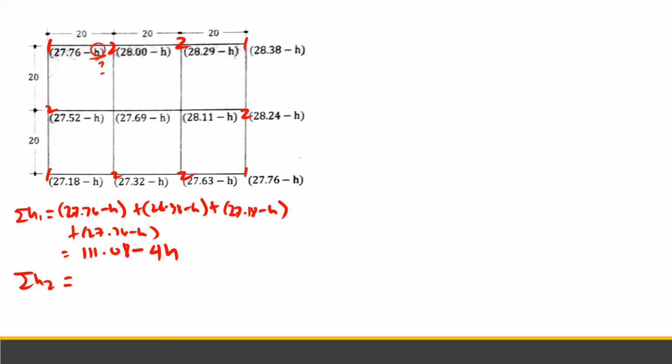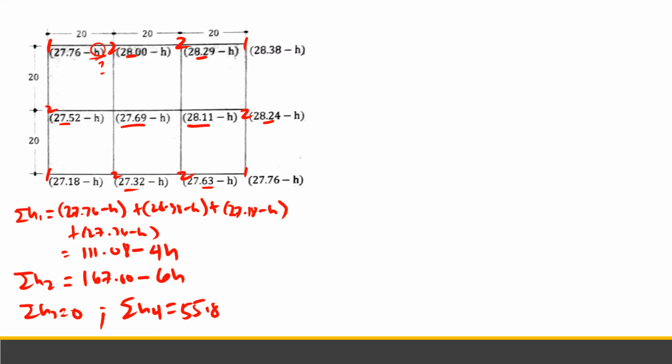So para mas madali, summation natin yung whole numbers muna and then bago yung h. So summation of h2 is equals to 167.0 minus 6h, and then h3 is equals to 0, and then h4 is equals to, so that is 27.69 plus 28.11 equals to 55.8 minus 2h.